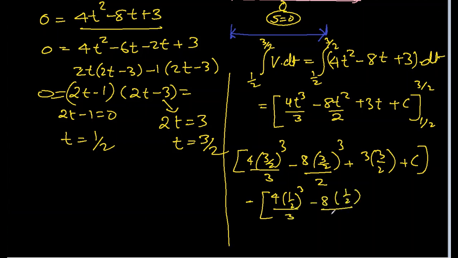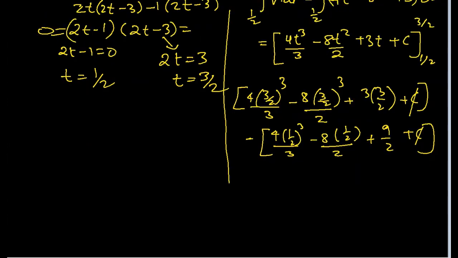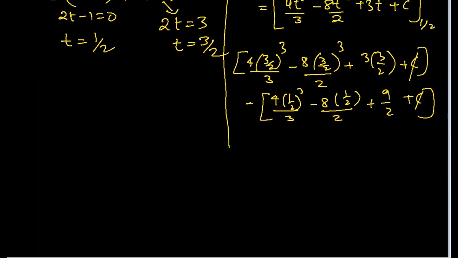I'm just substituting t with the two values and subtracting like a normal integration. 9 over 2 you can write straight away here plus c. C is the first thing we cancel out and put this whole thing in a calculator and you will get the displacement. If displacement comes out to be negative, which is expected because it is changing the direction, we'll make it positive. Let's see what my calculator gives to me. What I get is 2 over 3 meters.